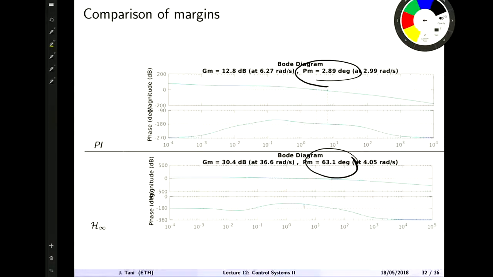Okay, and what is the underlying magic? So why is the H-infinity scheme able to get such a result? Because it's quite high dimensional, so we can exactly tune when to put a lot of control input and when less, and with the PI we cannot tune it so well.